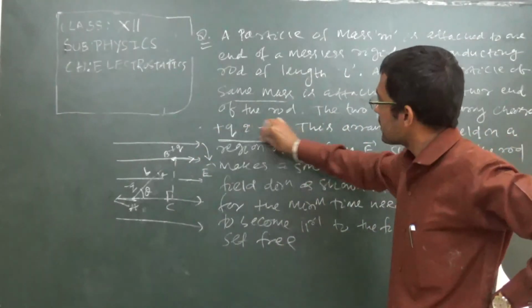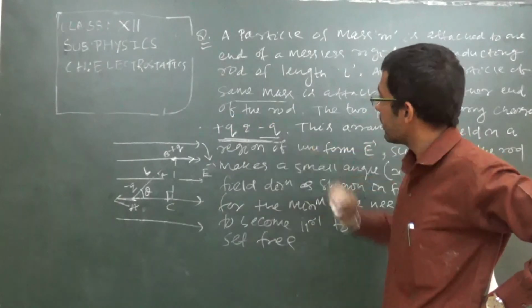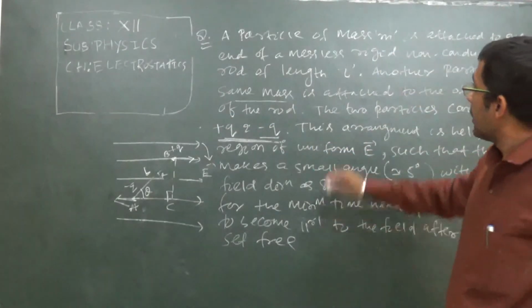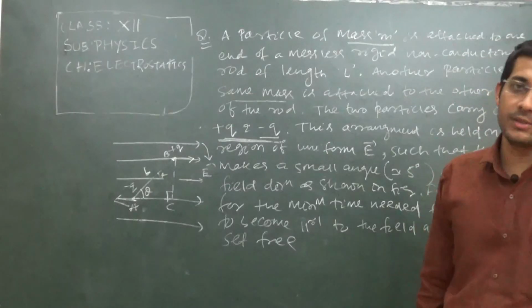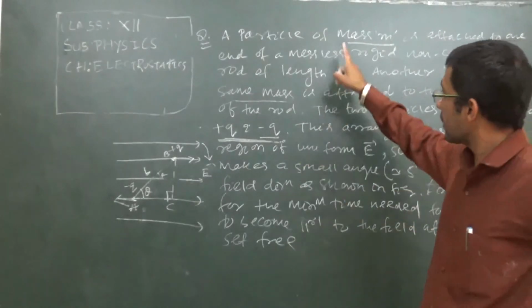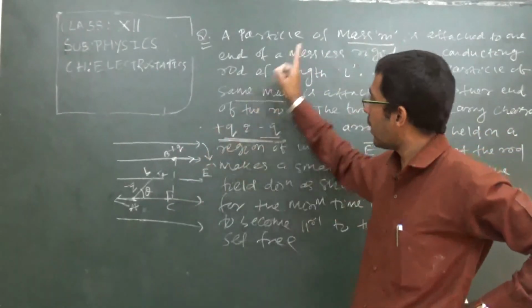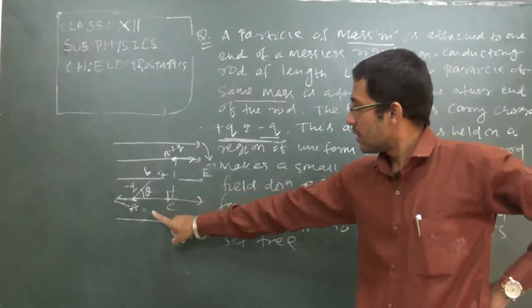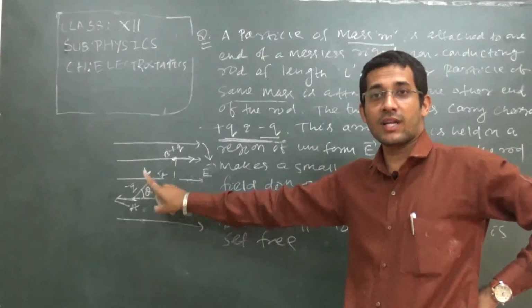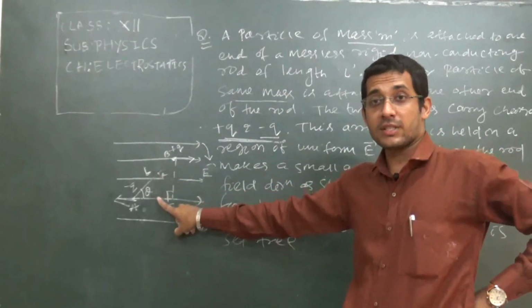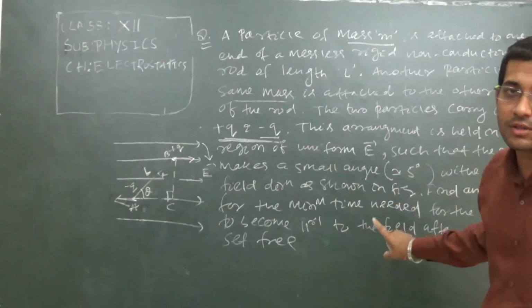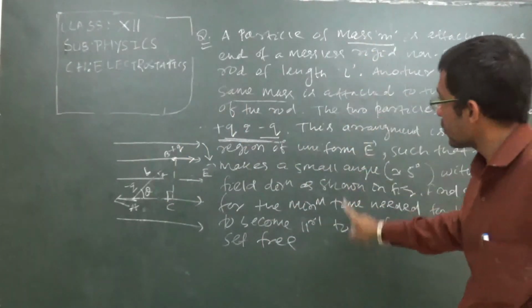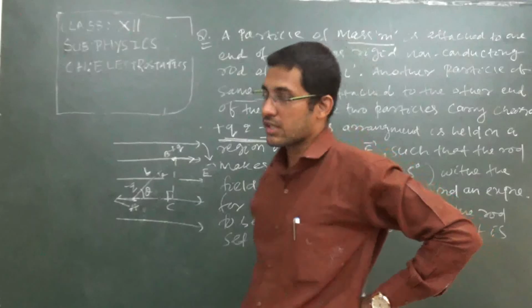One, as the charges are equal and opposite, it will give you the idea about the torque. As it contains masses, you need to go for the moment of inertia. Then you need to correlate how the moment of inertia is related to the torque, and also find the angular acceleration, and it will be represented in the form of simple harmonic motion. Then you need to find the expression for the time period. Your work is to do this by yourself. In the next class I will discuss the answer.